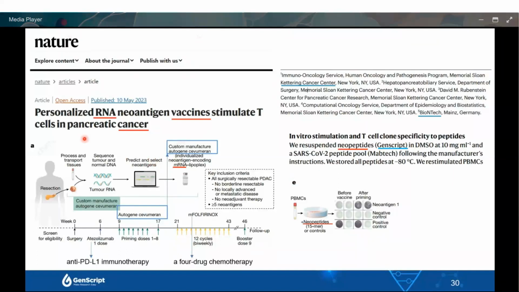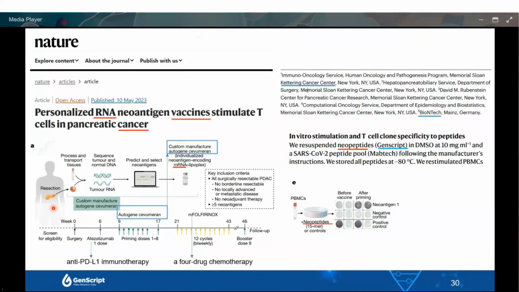It's a personalized RNA vaccine, and the target is neoantigens. We're trying to use this kind of vaccine to stimulate T cells in pancreatic cancer.